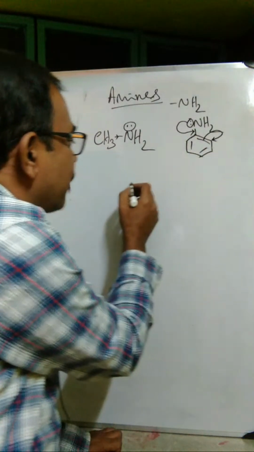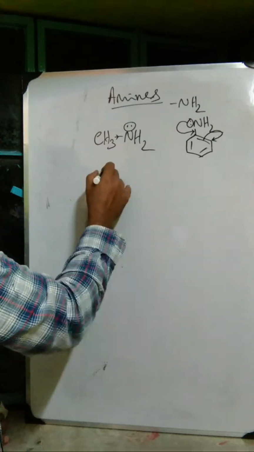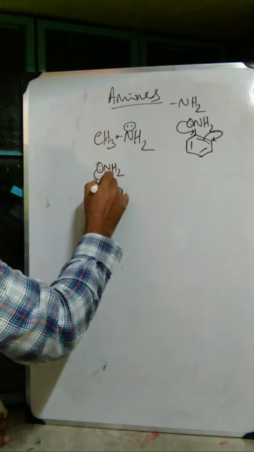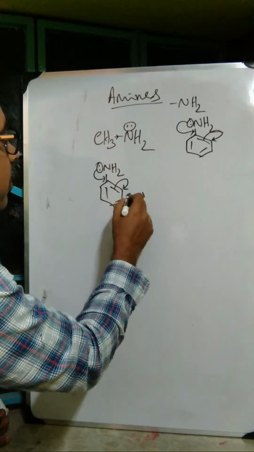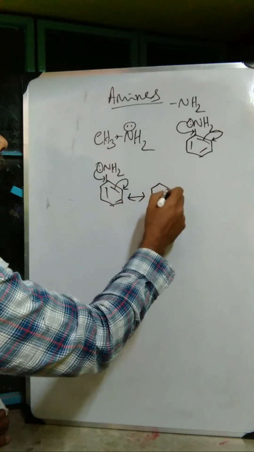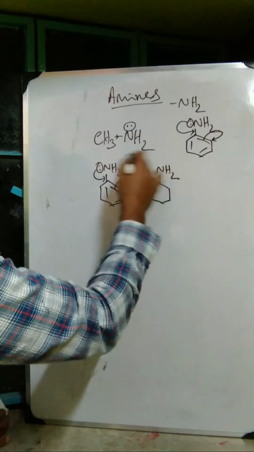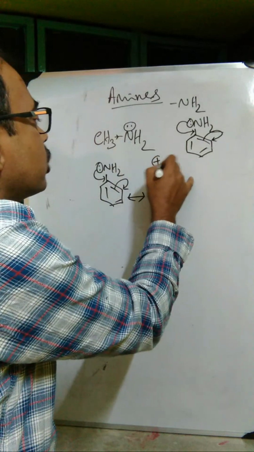How does this resonance happen? Nitrogen has the lone pair electrons. That lone pair will form a double bond, and this pi bond will be shifted towards this carbon atom to form a resonating structure. How does this resonating structure look? NH2, because it has given its lone pair electrons, nitrogen will carry a positive charge here.